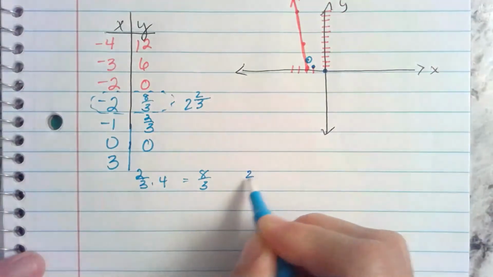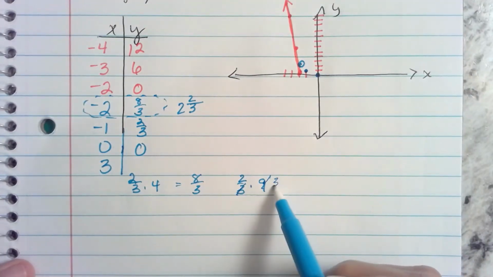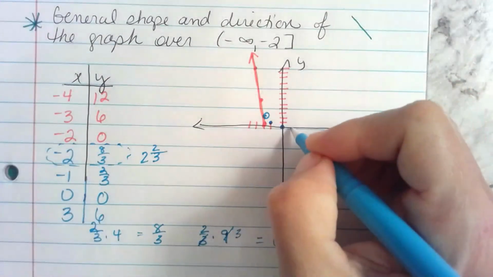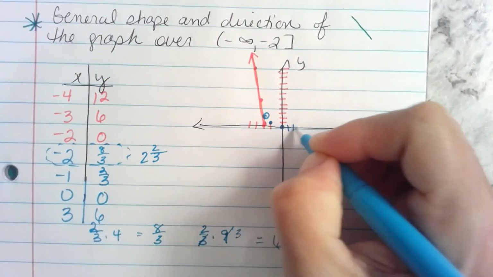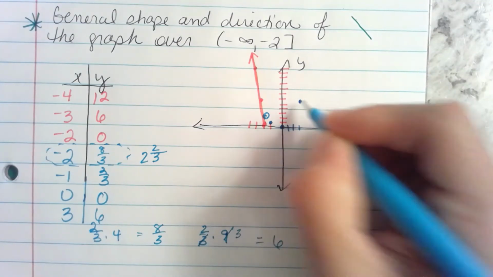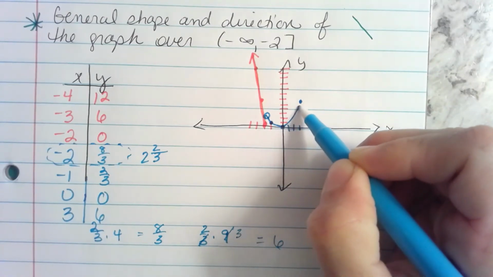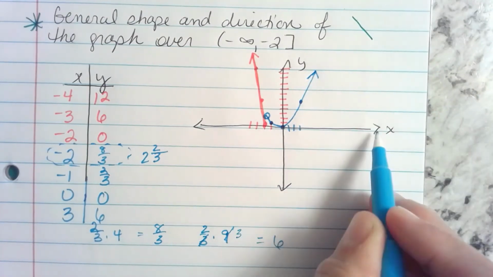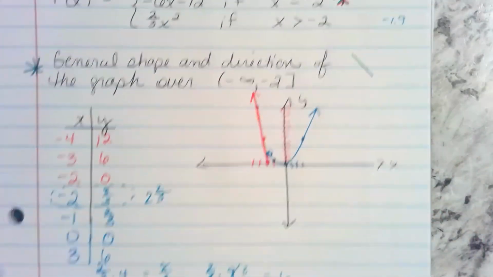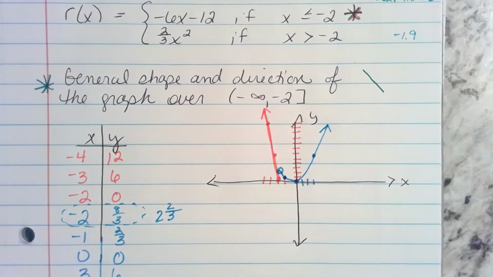So I'm going to have 2/3 times 9. 3 will go into 9 three times, and 2 times 3 is 6. So at 3, I am up here at 6, somewhere right there. So it looks like this part of our graph looks something like this. And it keeps going this direction because we're talking about all the numbers greater than negative 2. So that's what the graph of this piecewise defined function would look like.